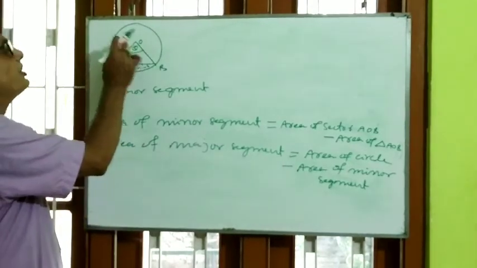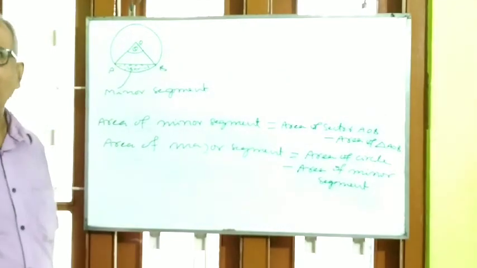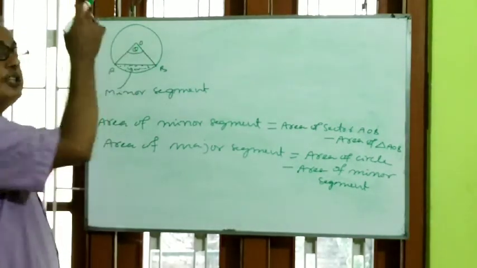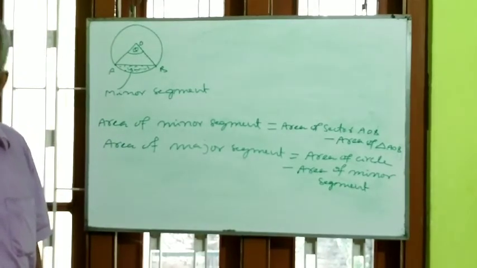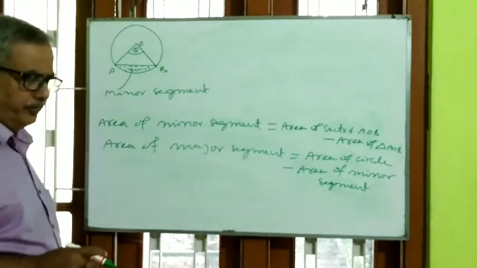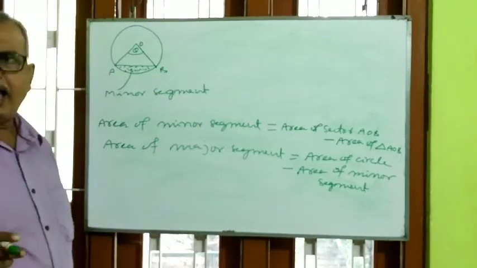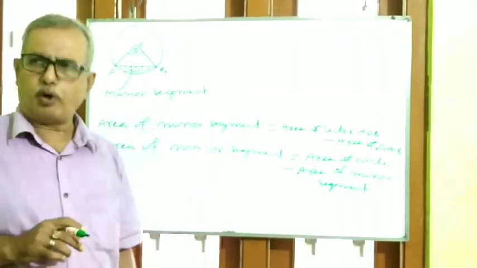If this is 60 degree, then also you can find out the area easily. But if it is more than that, then you will take some time. Other tactic is there. Clear? So listen. Now after that we'll go to the exercise and then we'll solve the questions.